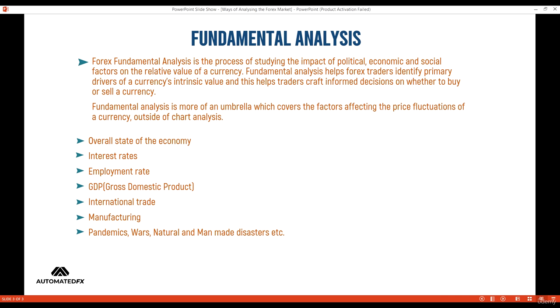But that doesn't mean that as technical analysis traders, we are going to totally ignore fundamental analysis. We're going to do it in such a way that while trading technicals, we take note of fundamentals also, in a way that we avoid big fundamental news events that tend to affect the currency very much.